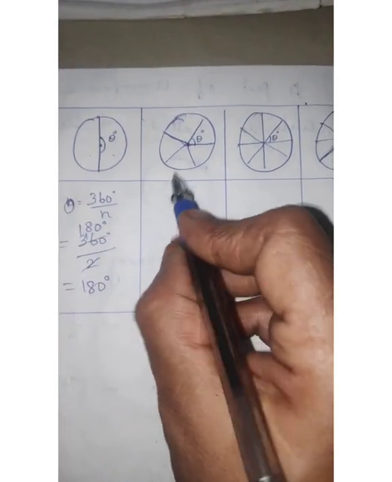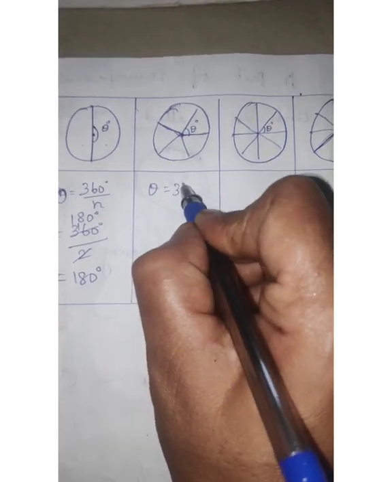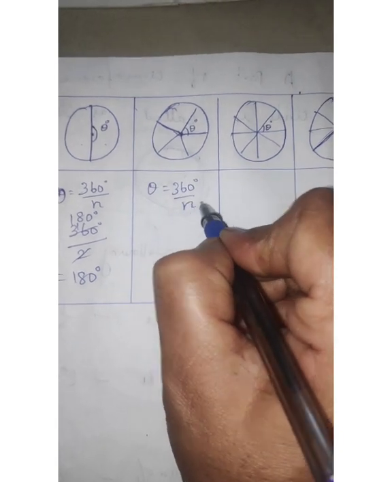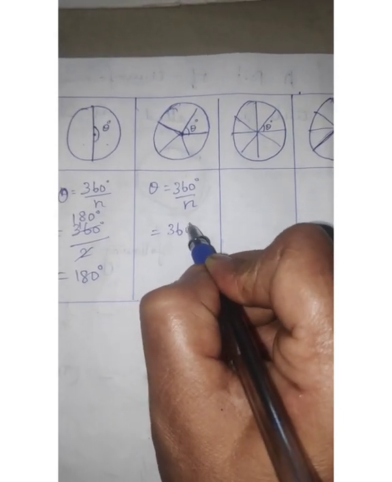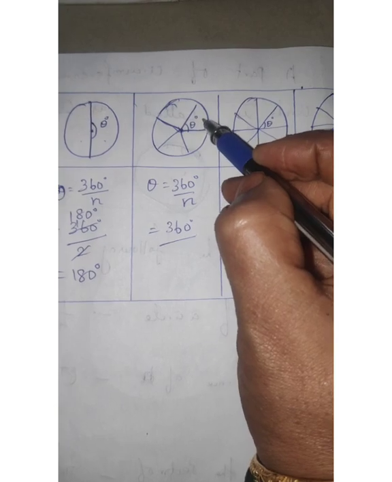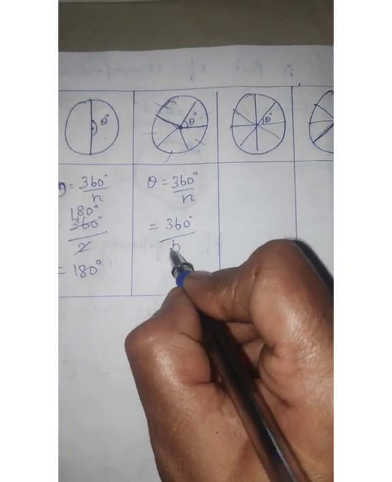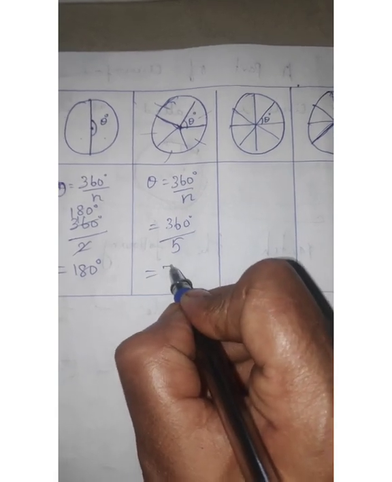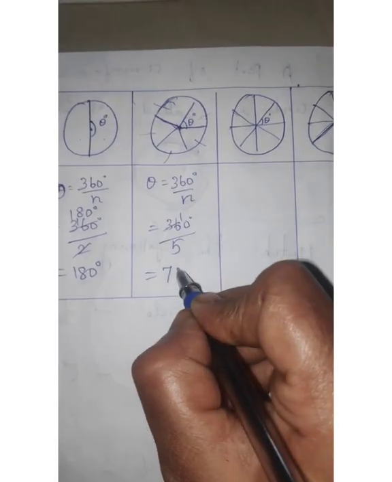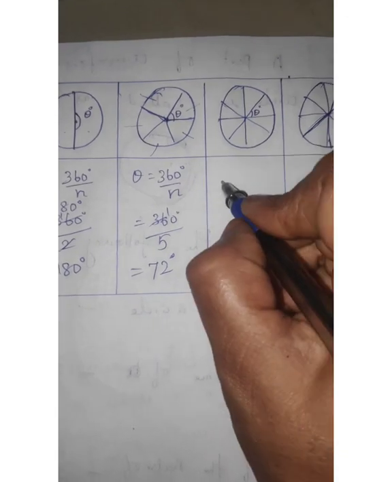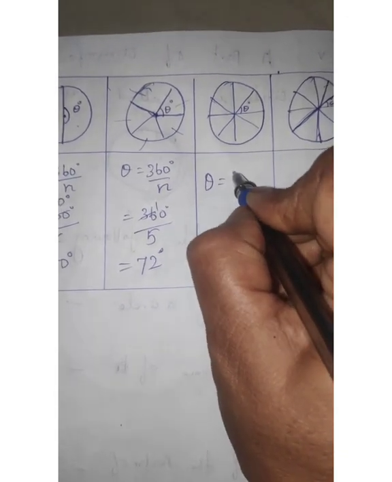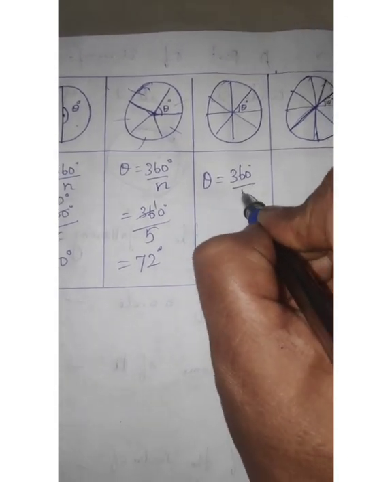Second one also uses the same formula, theta equals 360 divided by n. So 360 divided by how many parts are there? Count there: 1 2 3 4 5, divided by 5. 5 7s are 35, remaining 1, 5 2s are 10, 72 degree. The same way, theta equals 360 divided by n.